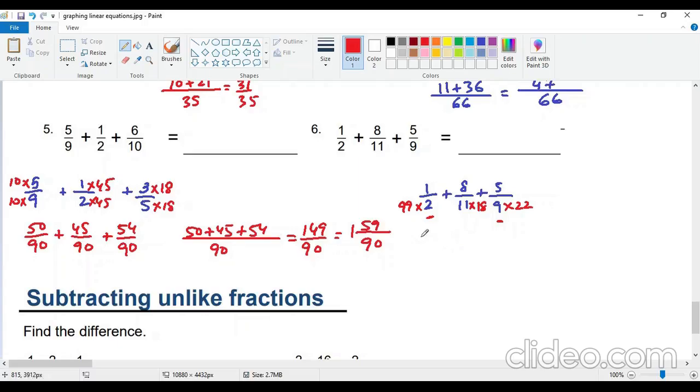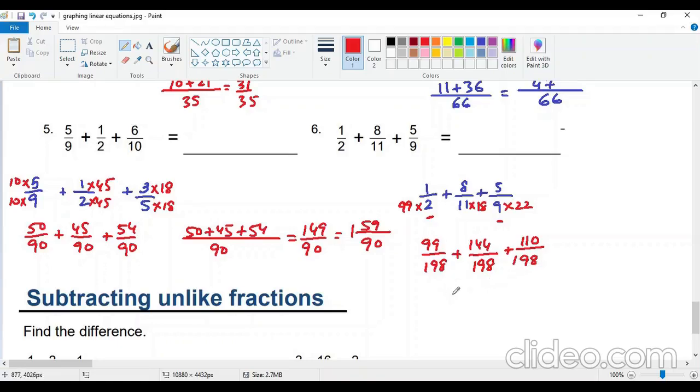I will get 99 over 198, plus 18 times 8 is going to give us a 144 over 198, plus 5 times 22 is going to give us 110 over 198.